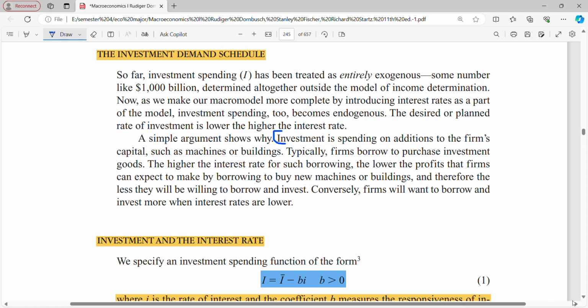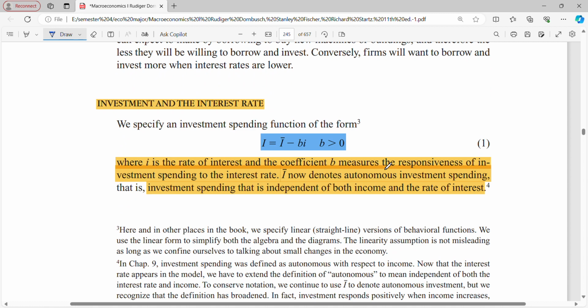So, that is the concept of the IS curve. When the interest rate is higher, investment is lesser. When the interest rate is lower, investment is higher. So that inverse relationship between interest rate and investment is the basics of the IS curve.